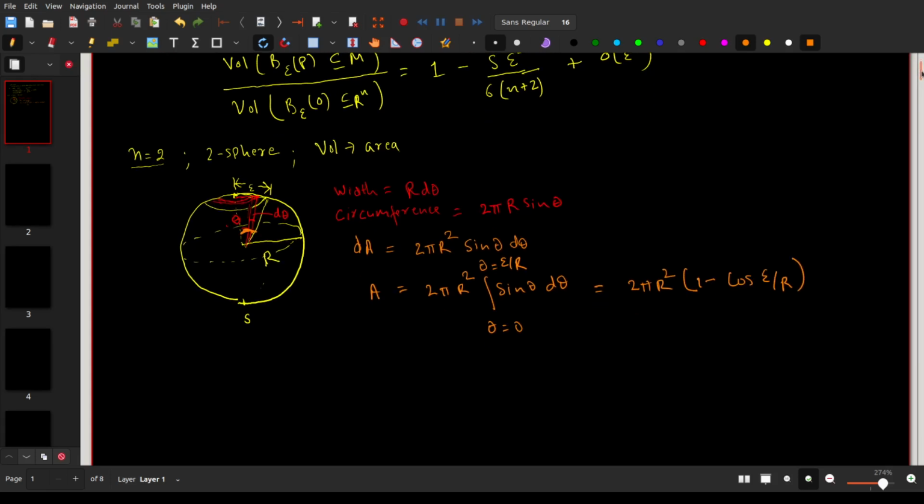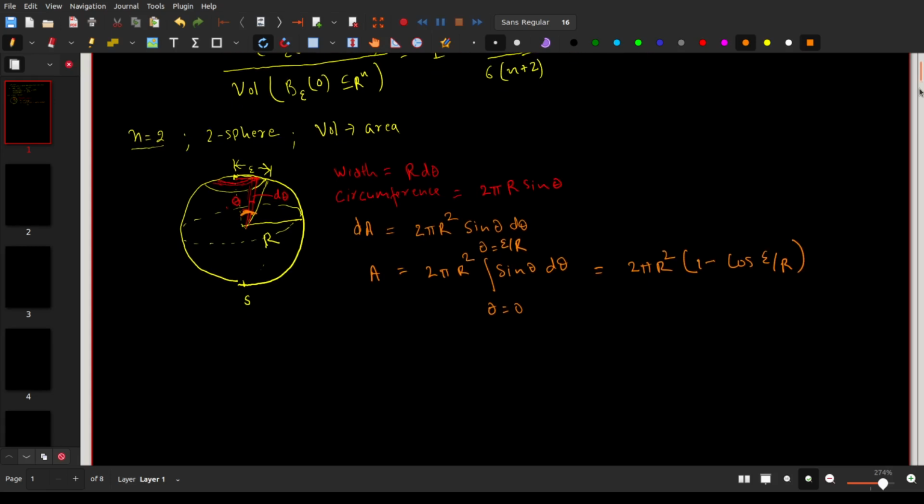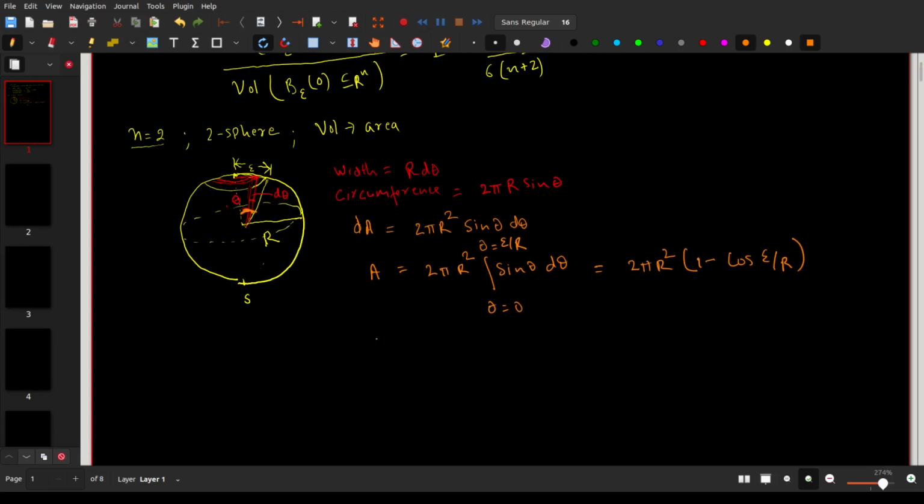And since the sphere is a homogeneous manifold, its geometric properties are the same everywhere, so this is true for any disk of radius epsilon, irrespective of where it is centered.